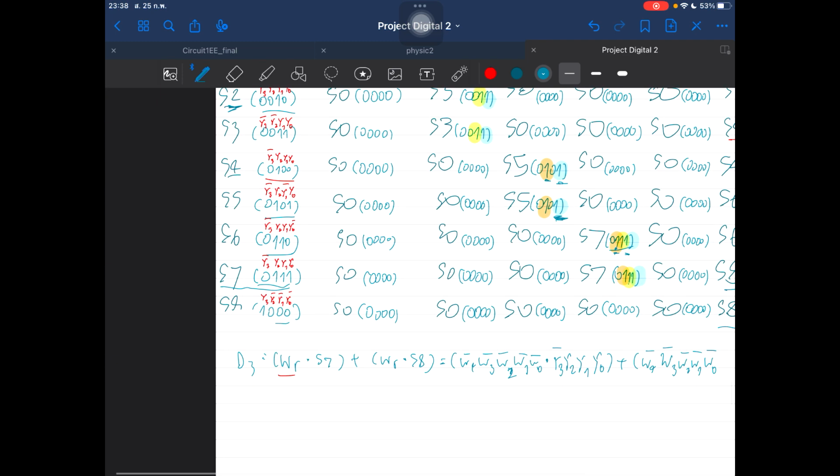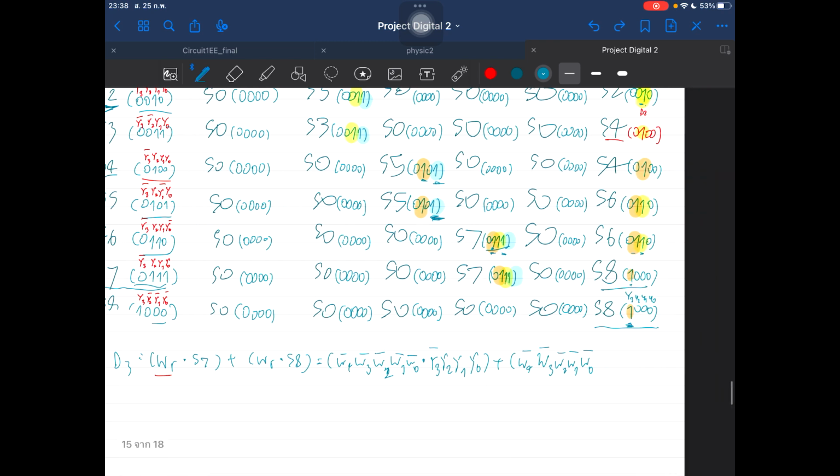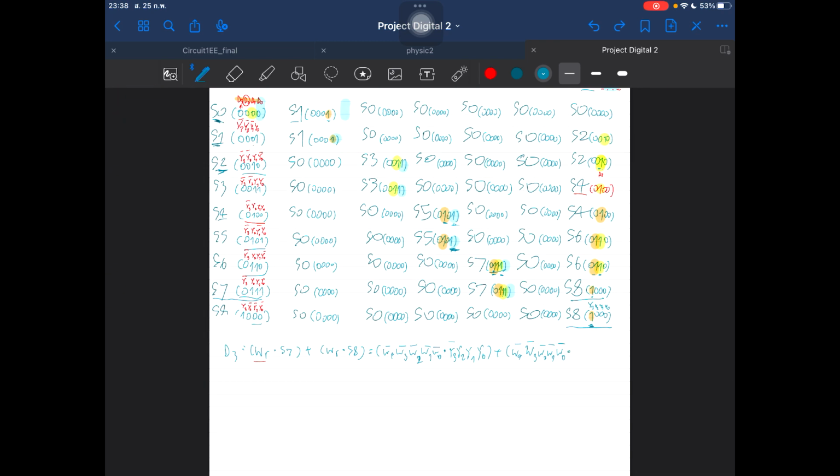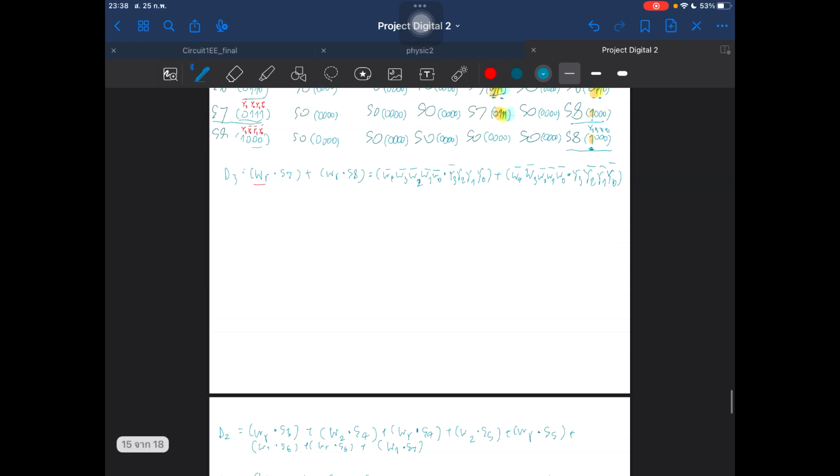And the name of state 8 is here. State 8 is Y3, Y2, like this.